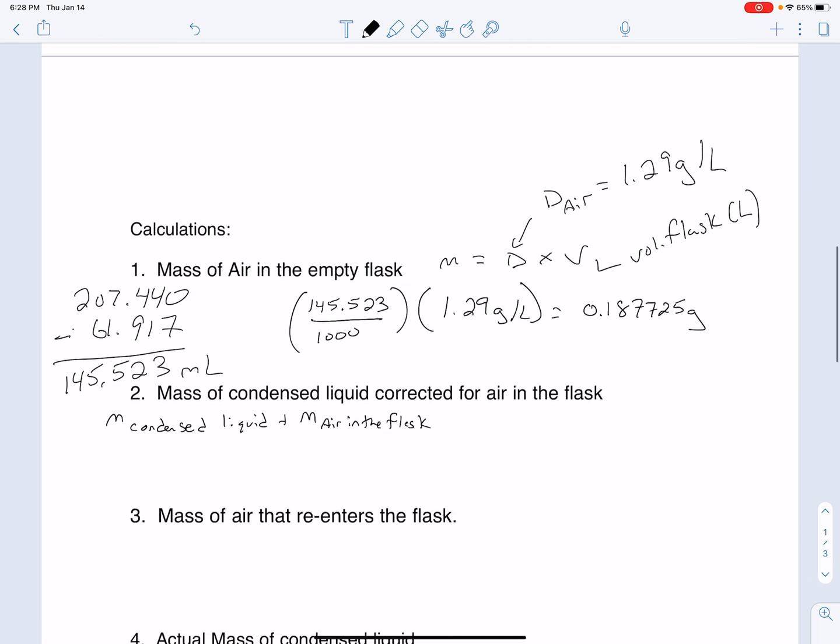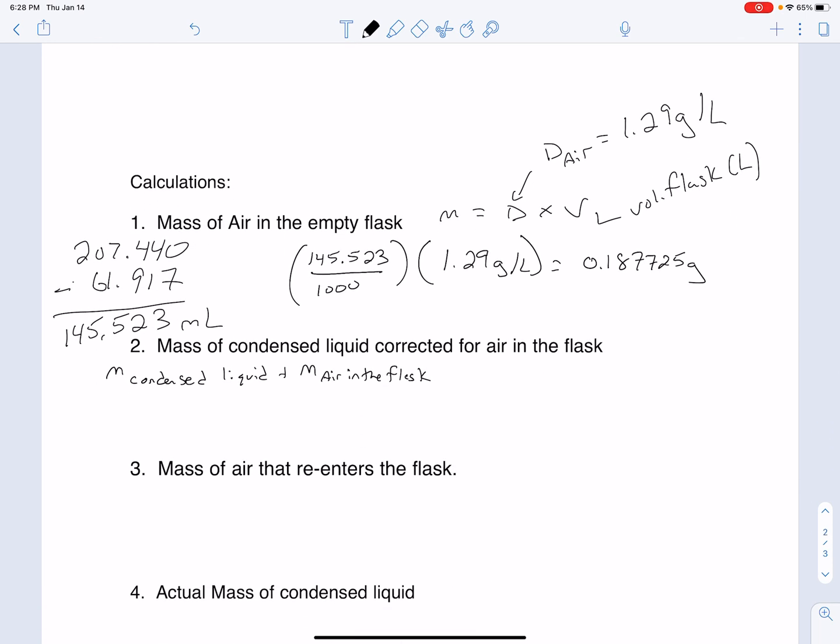Our second calculation here is the mass of the condensed liquid corrected for the air that enters the flask. So we take that mass of condensed liquid, 0.261, and instead of subtracting out that flask in the beginning, taking the flask and removing that 62.590, let's just add that air in, 0.187725.